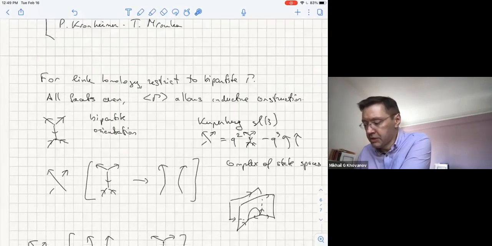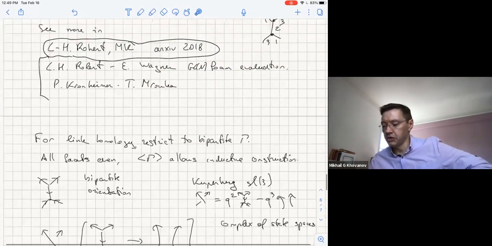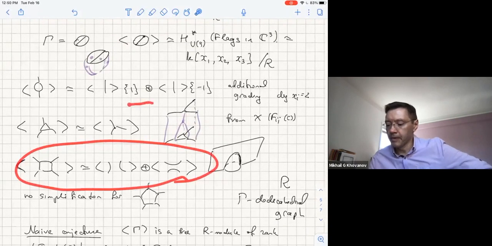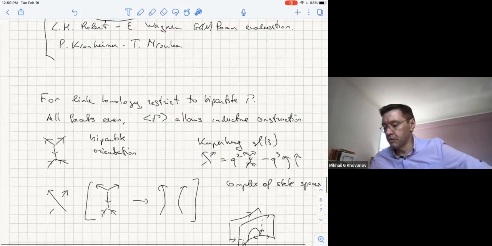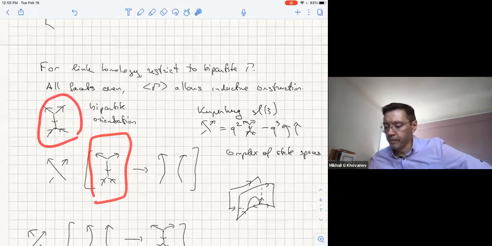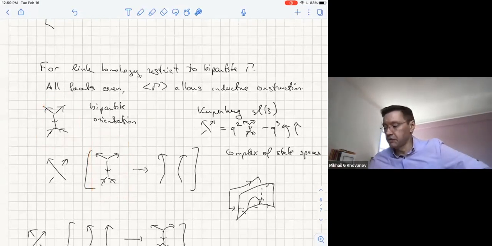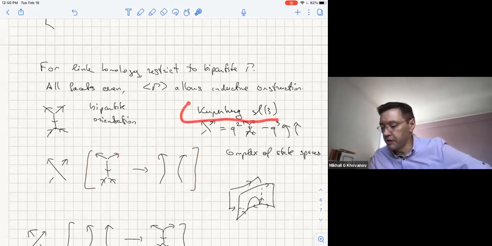But again, if we restrict to bipartite gamma, then everything can be reduced, and we can prove it more easily using the scaling relations. You can easily show that the graded dimension of the state space of a bipartite graph is what we get out of Kuperberg's SL3 bracket. And then you can check that the homology of links you build this way categorifies the Kuperberg SL3 quantum invariant.